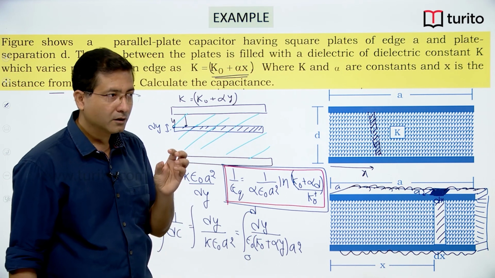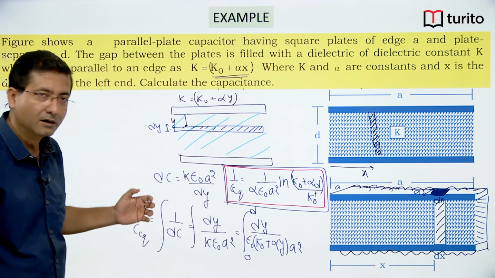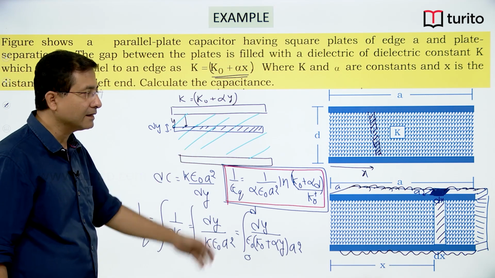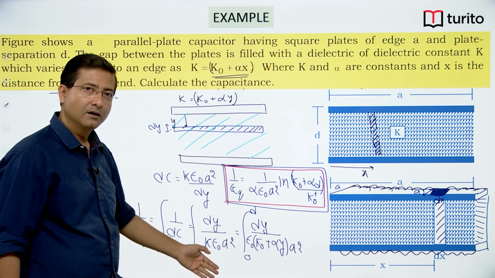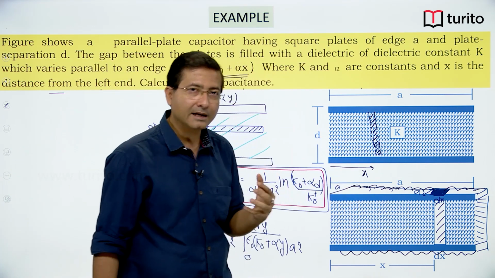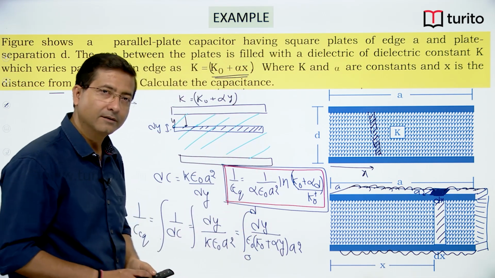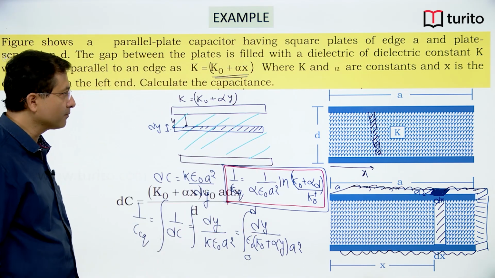So, I hope you are able to visualize in different situations how the dielectric is playing an important role and how the plates are playing an important role to decide whether they are in series combination or parallel combination. So, the whole concept is clear. Let us move to the next example.